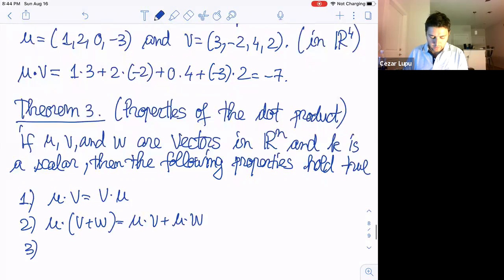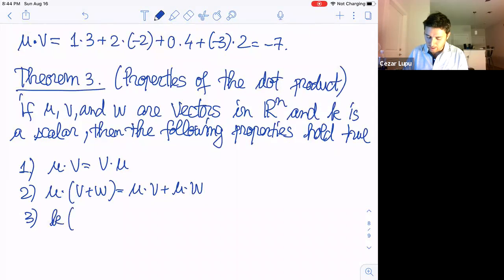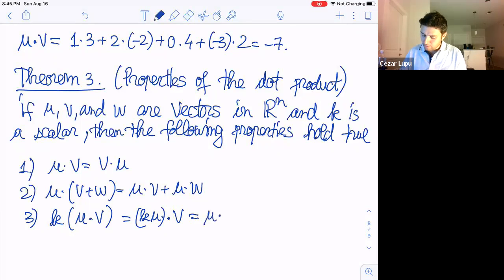The third one is that if I have a constant k, then (k u) dot v is nothing else than just k times (u dot v), which you can also say as u dot (k v). So it doesn't matter which way you put the scalar.